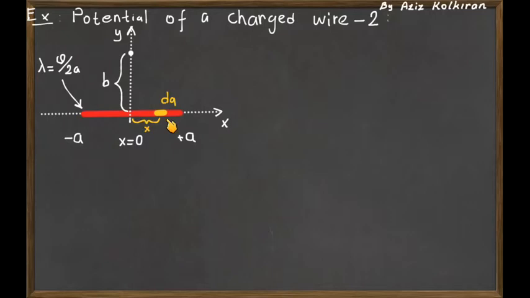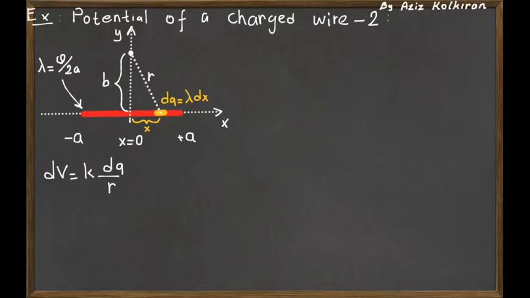Let's choose a dq which is at a distance x from the origin, and the distance of dq to the point of interest is called r. dq may be expressed again in terms of the line charge density times dx, and this forms a right triangle with sides x, b, and r, so we can express r in terms of b and x by the geometry. r is the hypotenuse of this right triangle, and it is the square root of b squared plus x squared.